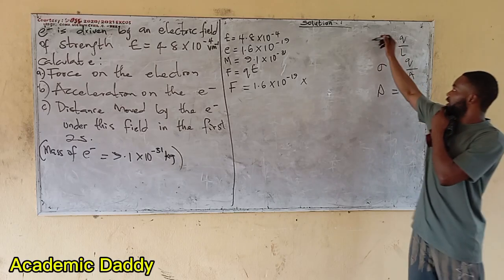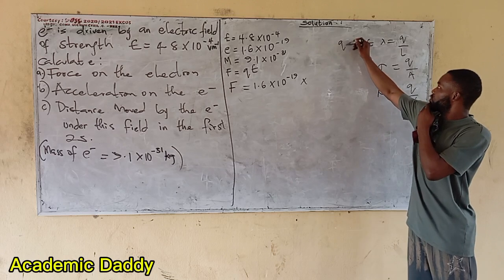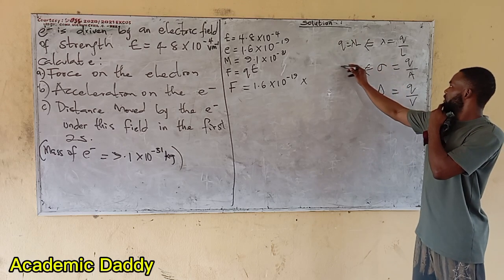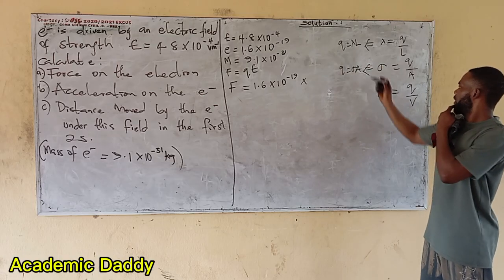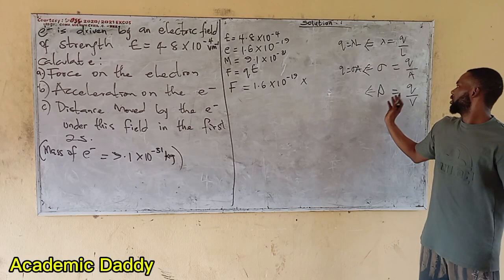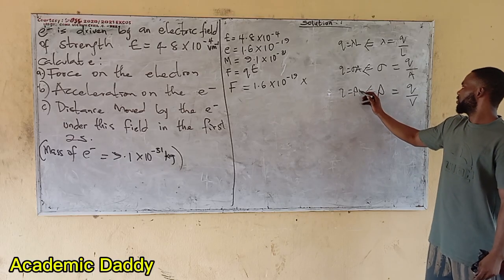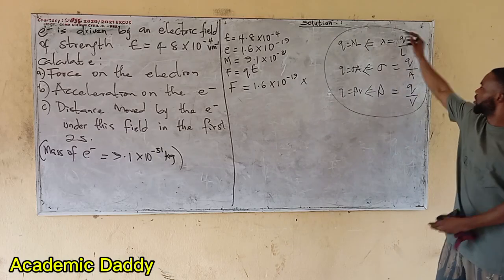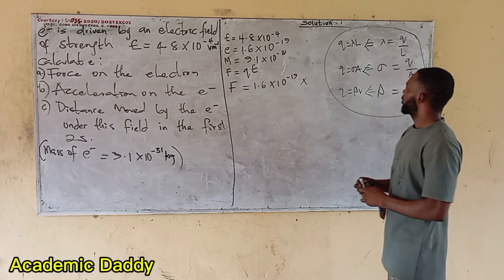So in this particular case, charge can be equal to lambda L; charge can be equal to surface density times area; and charge can be equal to volume density times V. These are things I'll still teach you, but anything density is always in ratio. This is part of what I'll teach you in charge distribution.